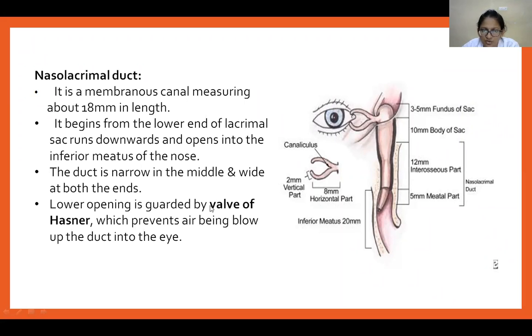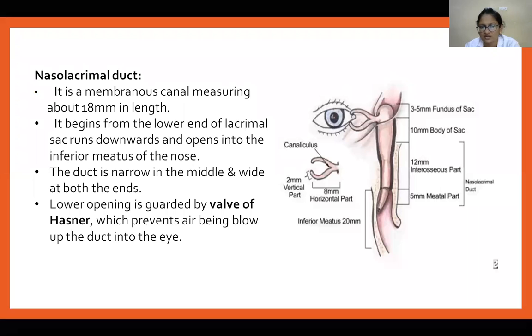The lower opening is guarded by a valve, called Hasner's valve. This valve prevents air from being blown up the duct into the eyeball.